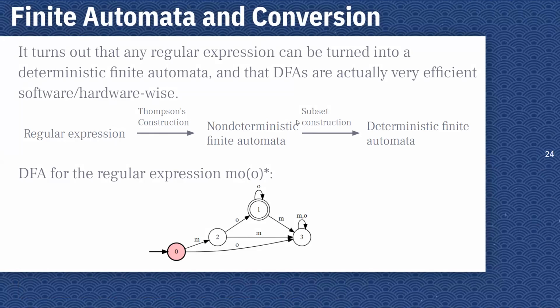As a refresher, with an NFA, if you're given a state and a character, it can move into more than one state. And we can apply subset construction to this NFA to get a DFA. I'm not actually going to go over what these two are, but if you're curious, I highly encourage you to look these up.